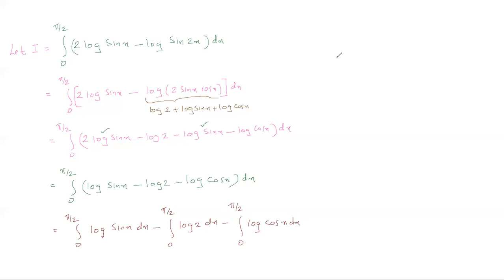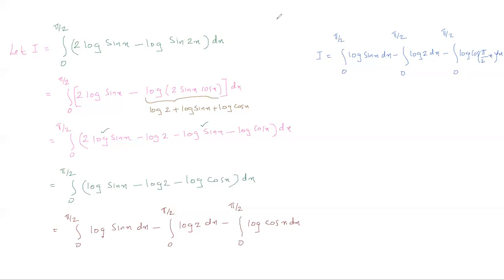So that is I equals integral 0 to pi by 2 log sin x dx minus integral 0 to pi by 2 log 2 dx minus integral 0 to pi by 2 log cos x. Here, when we apply the first property, instead of x you can put pi by 2 minus x, a minus x, dx.